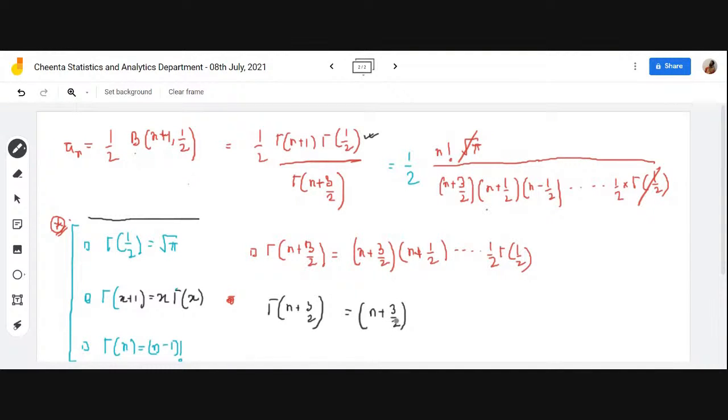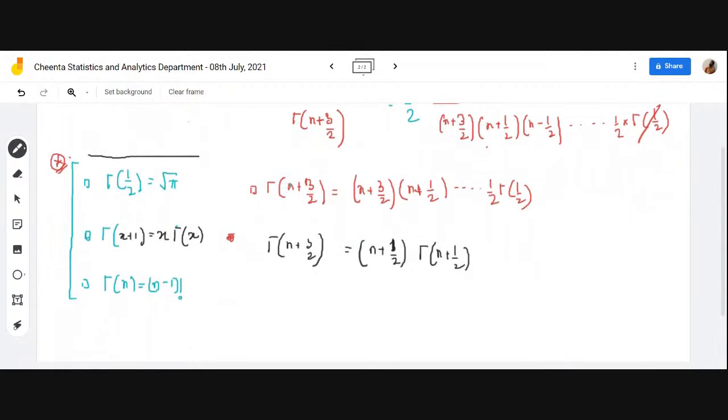Sorry, I think I'm making some mistakes. n plus half into gamma n plus half. Again you distribute gamma n plus half. Yeah, you're right. n minus half into gamma n minus half.